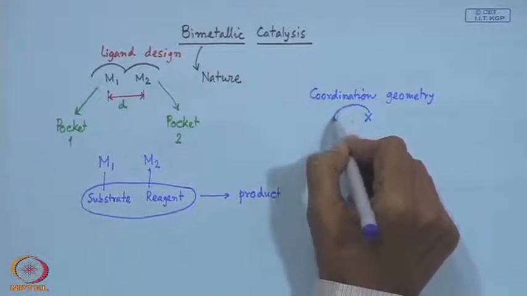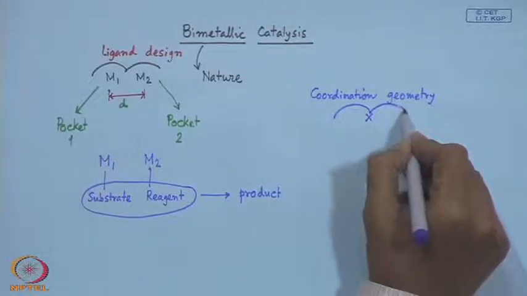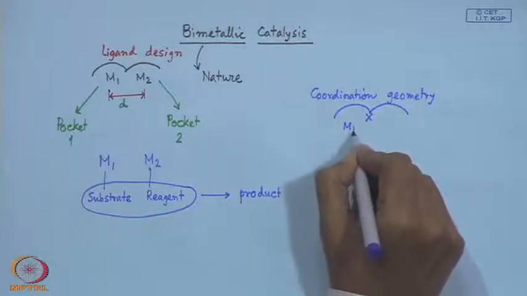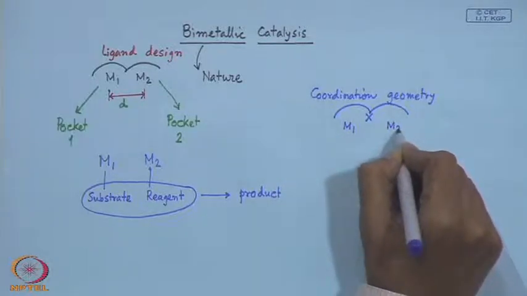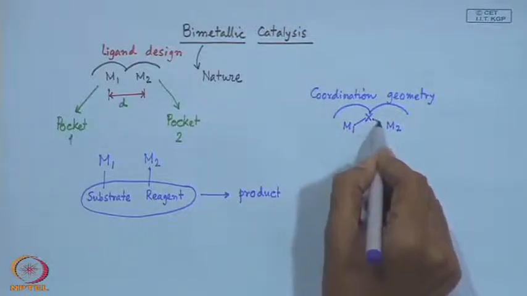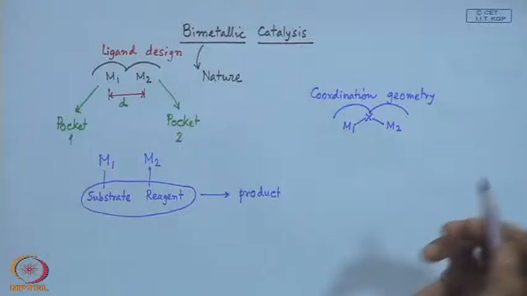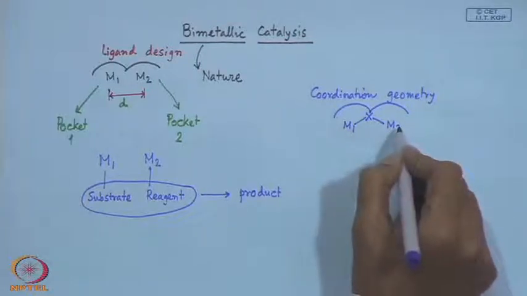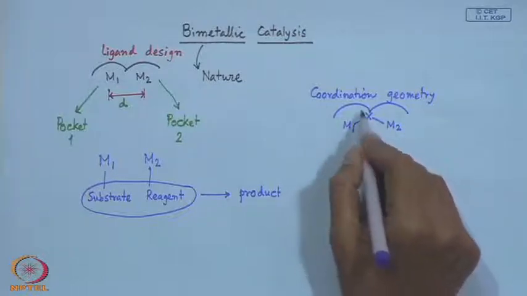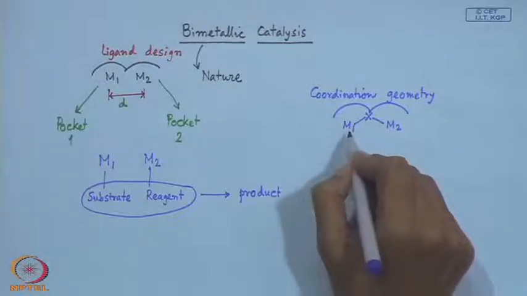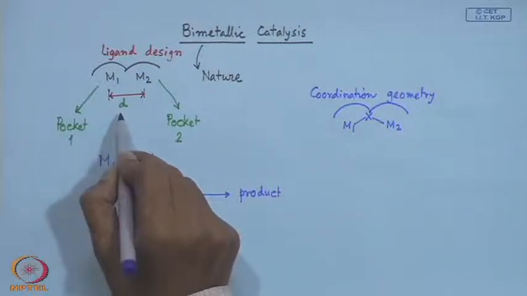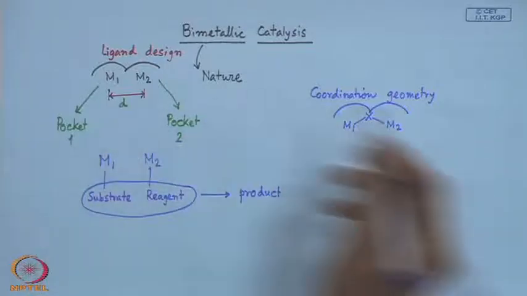One pocket is elaborated around X and another pocket is elaborated on the other side, and we get M1 here and M2 here, and this particular group is utilized for bridging. So, this is basically a single point attachment, a singly bridged binuclear system. So, X is there. With singly bridged attachment, you can tell something related to the distance, say D1.